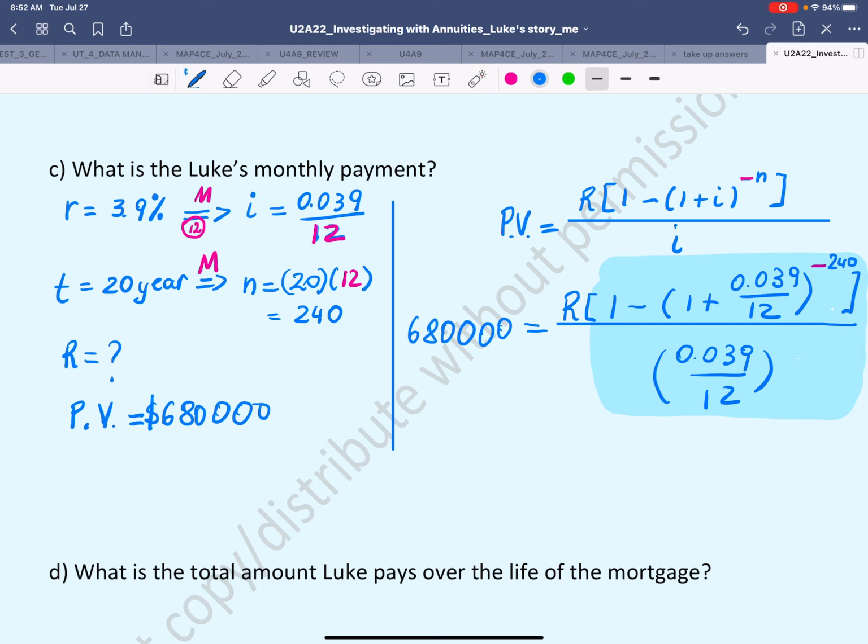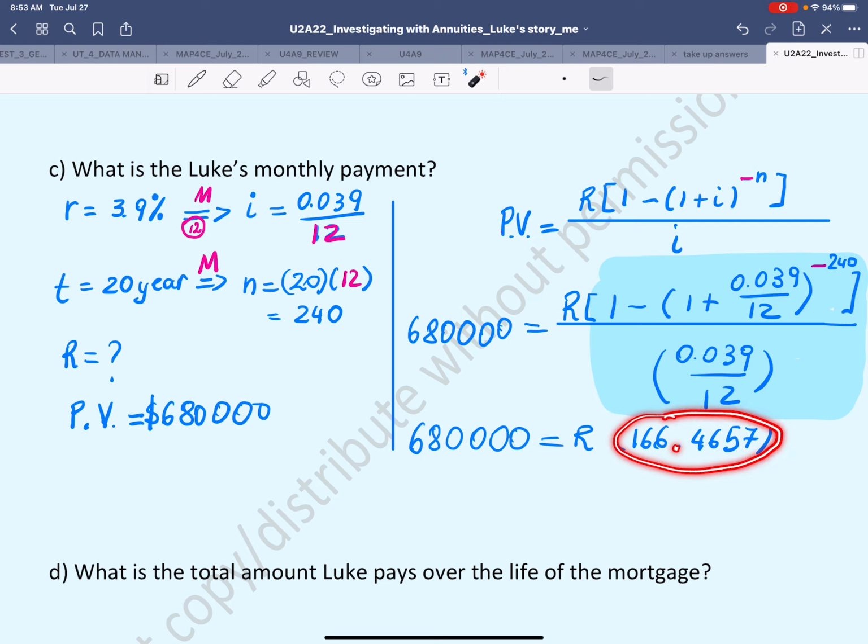When I press the equal sign on my calculator, I saw that I had the number 166.4657. And you can round to 1 or 2 decimal places in here, it doesn't really matter. What I prefer to do is keep the number in the calculator.